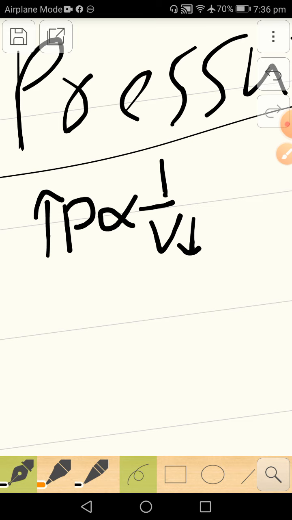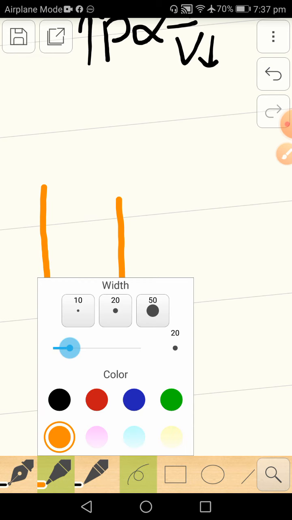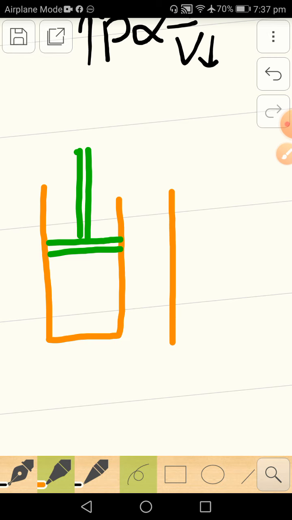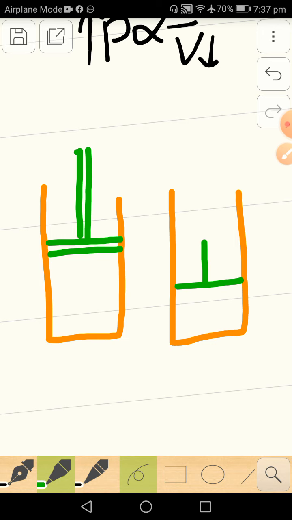Now, just imagine that you have a container, and here this is a piston. You have the same container over here, but the piston is compressed and the volume is decreased.